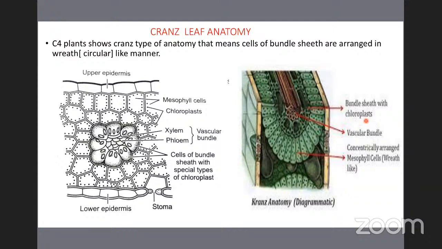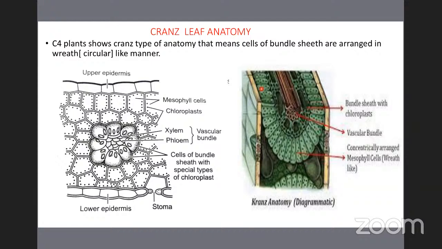And the mesophyll cells are around this bundle sheath, external to the bundle sheath cells. We are observing light-colored cells which have so many chloroplasts, which are of granal type, in the mesophyll cells.